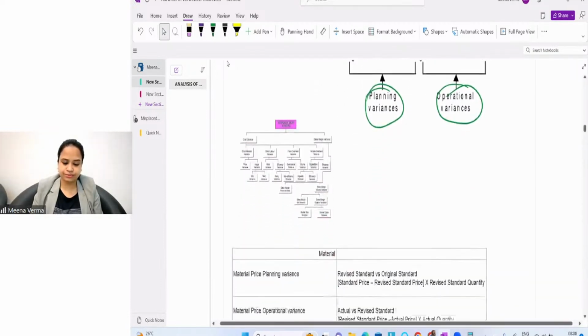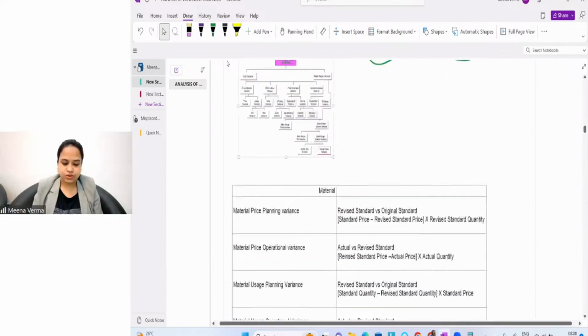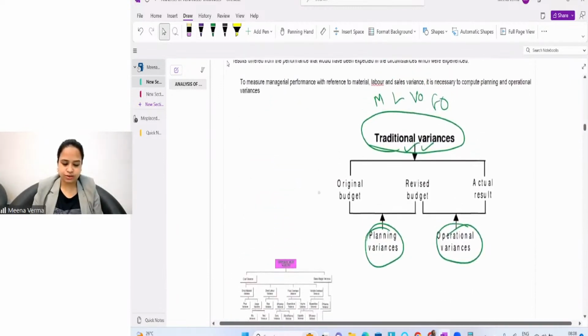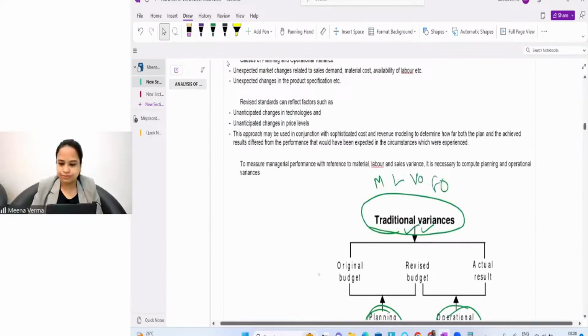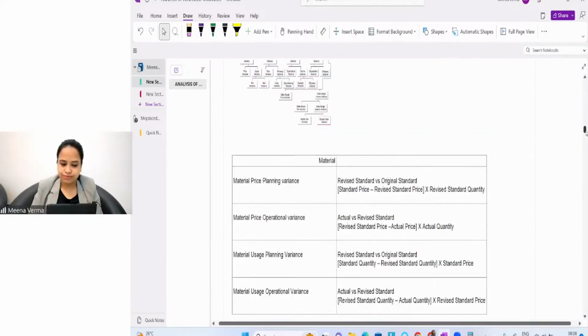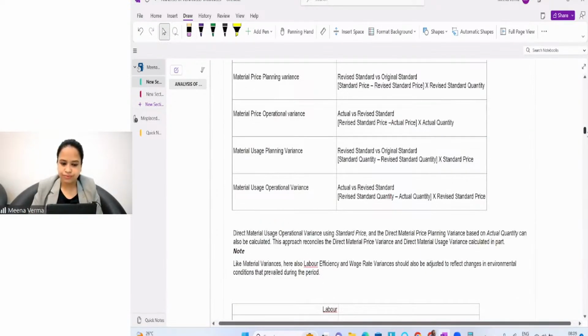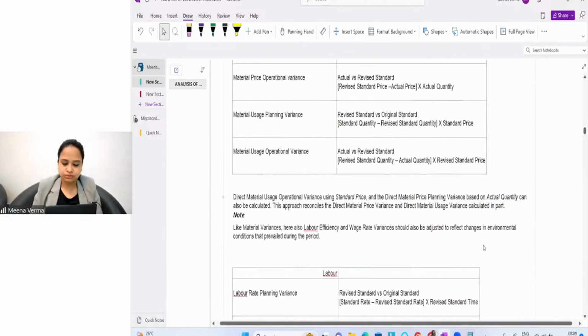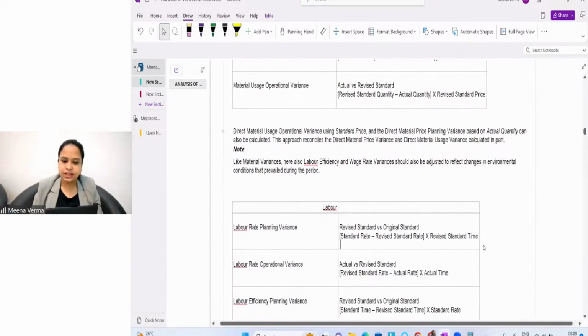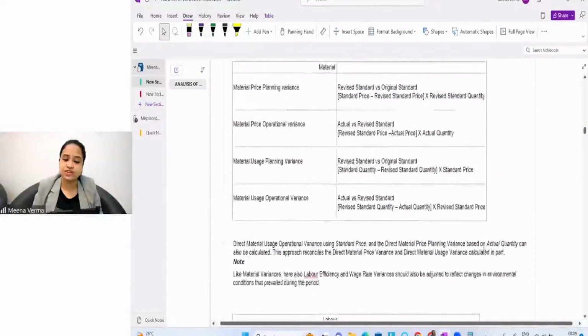All right, you can see. So these are all the formulas we have. You can see they have calculated the planning and operational variation for material.